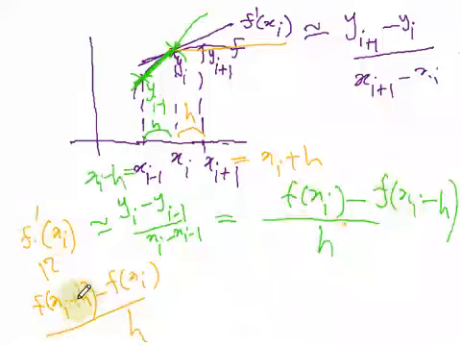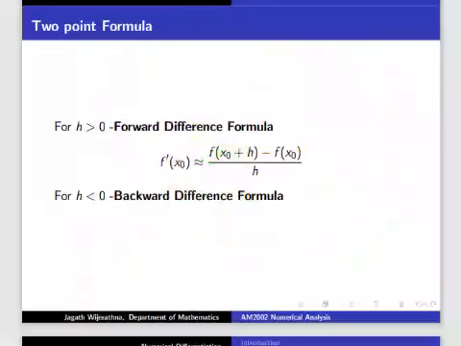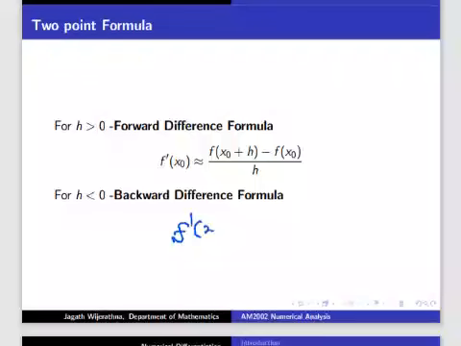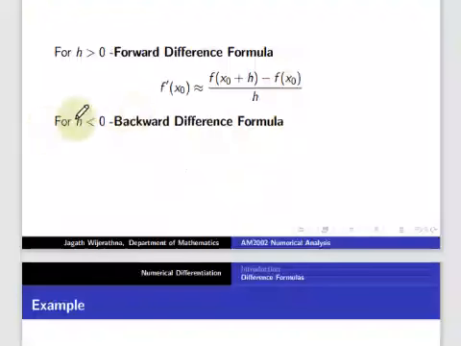This is the forward approximation. If you go to my left, they haven't mentioned the backward one. So the backward one: if h is negative, then you get a backward approximation.